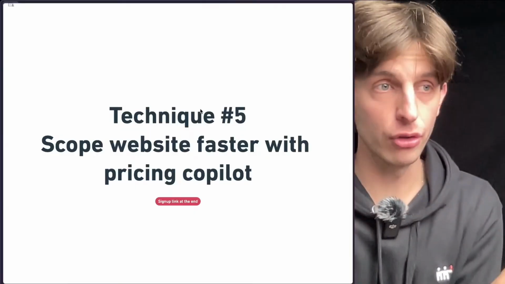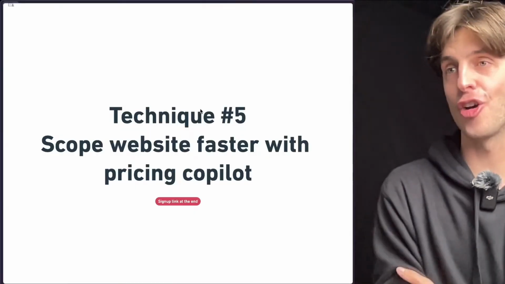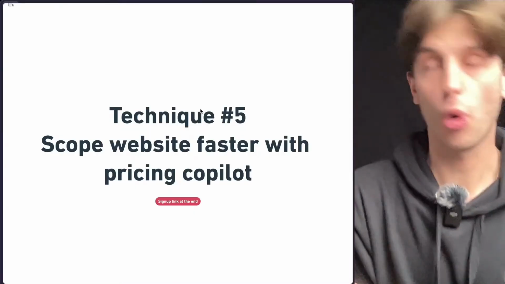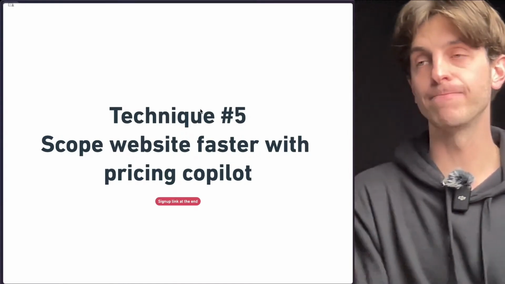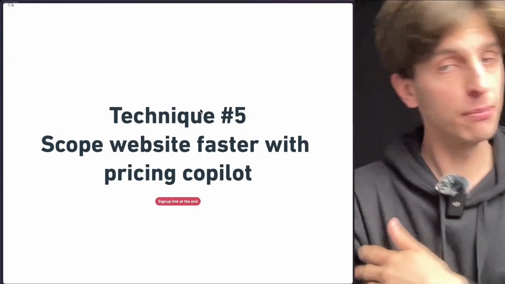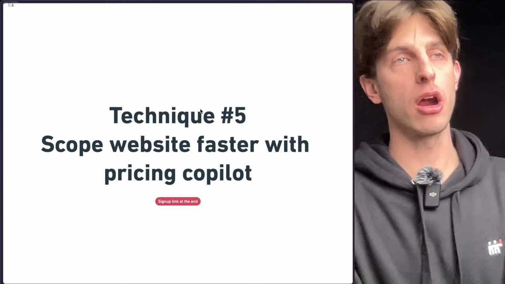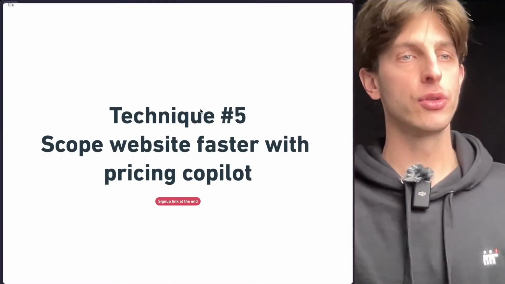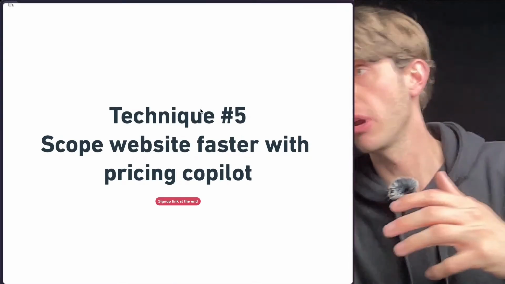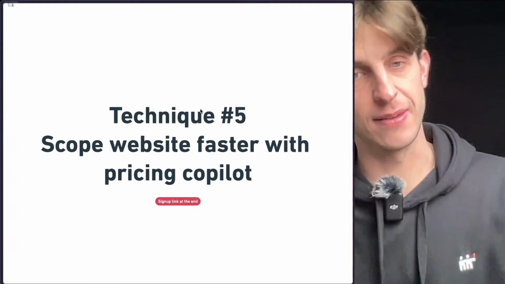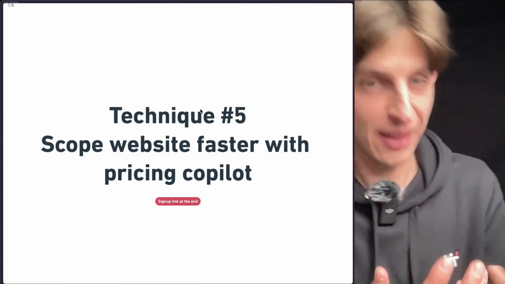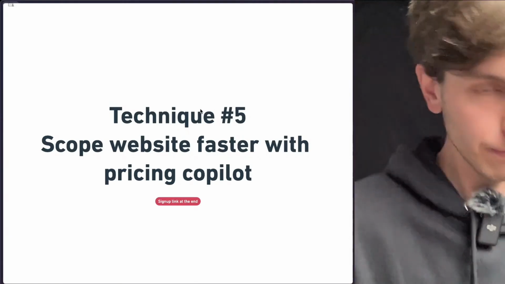You know, as web designers, a lot of us are freelancers, or we work with clients or in an agency, but we need to scope our work so that we can give either a price or time estimation for how much the website that we're about to build is going to take.